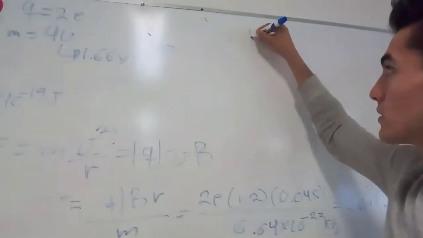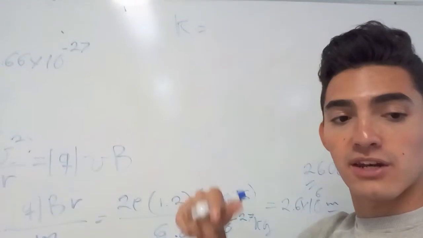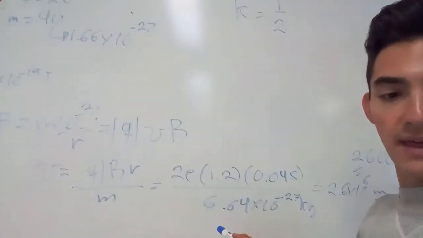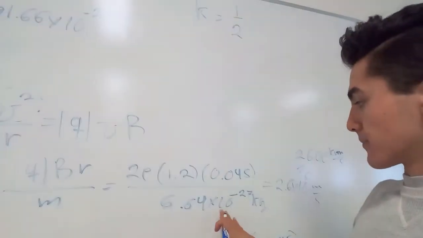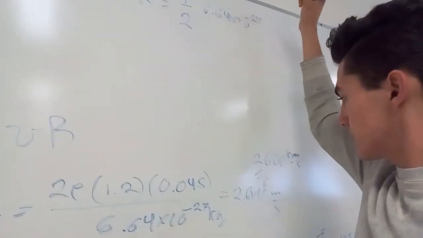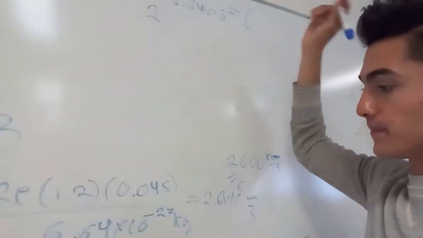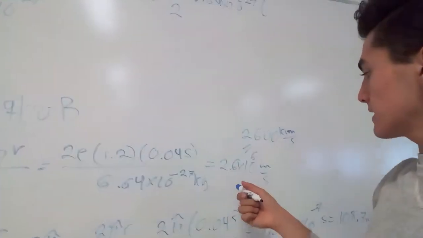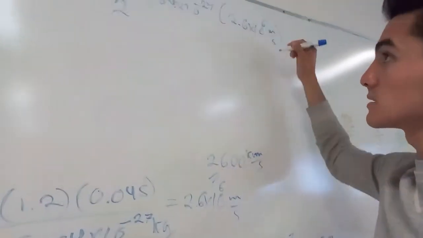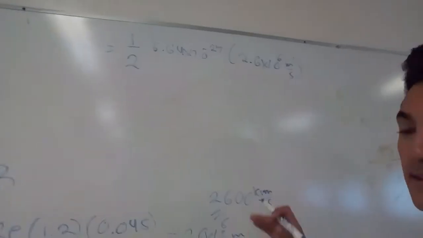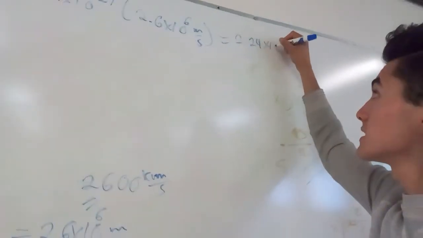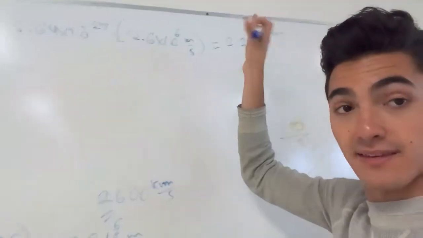To obtain the kinetic energy, we know that the kinetic energy is equal to half of the mass we have here, 6.64 times 10 to the minus 27, times the velocity squared, 2.6 times 10 to the 6 meters per second, and by that we obtain the kinetic energy in joules, that is equal to 2.24 times 10 to the minus 14 joules. And that is the kinetic energy.